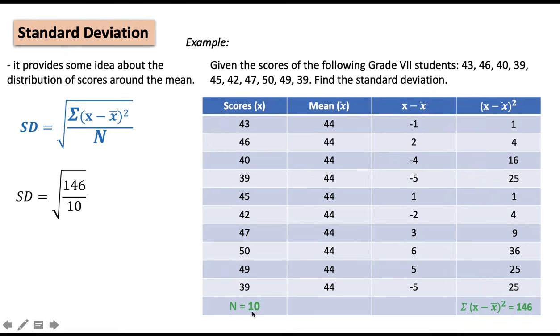Then our N here, we will replace with 10. Then 146 divided by 10 is 14.6. Actually, this 14.6 was our variance a while ago. But since we are looking for the standard deviation, we need to get its square root. So the square root of 14.6, using a calculator, is 3.82, and that will be our standard deviation.